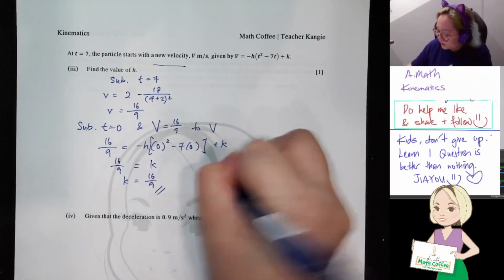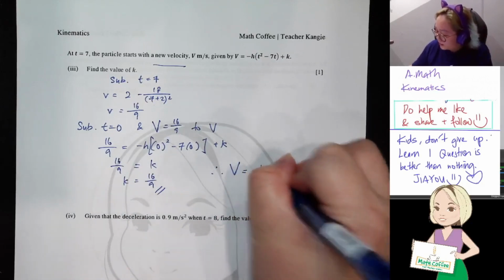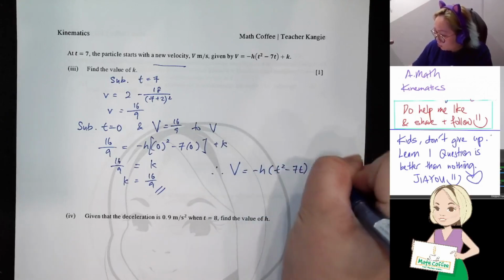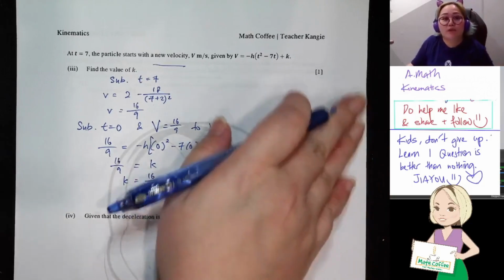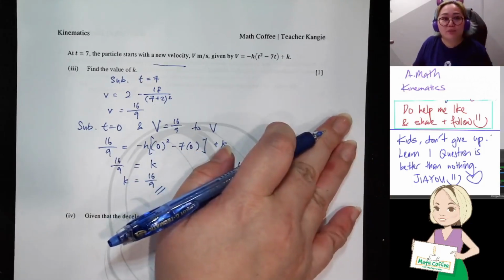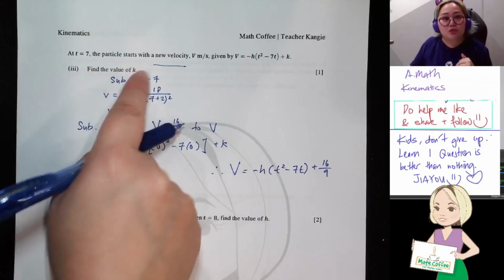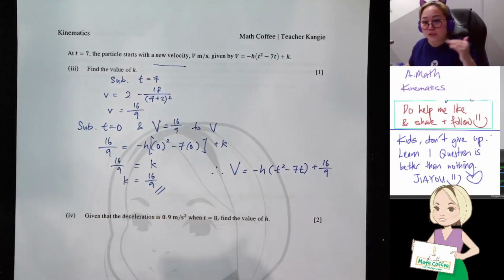So in other words, your new velocity expression is now minus h t squared minus 7t plus 16 over 9. Okay, they never asked to form this one. This is for my own information, because later I'm going to use it. This part, they only asked me to solve for k. You understand? So you see the transition?